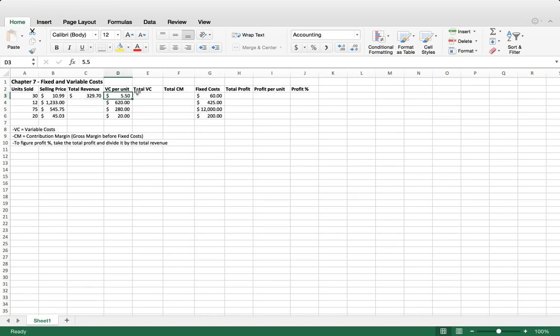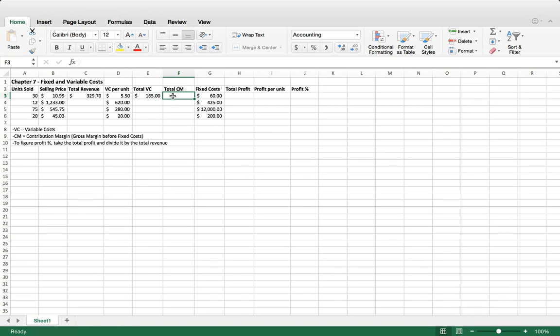Total variable costs, we know that our variable cost per unit is $5.50, so we take the $5.50 and we multiply that by the number of units sold, and that gets us to $165. The contribution margin, or the gross profit from this particular example, is very simple.